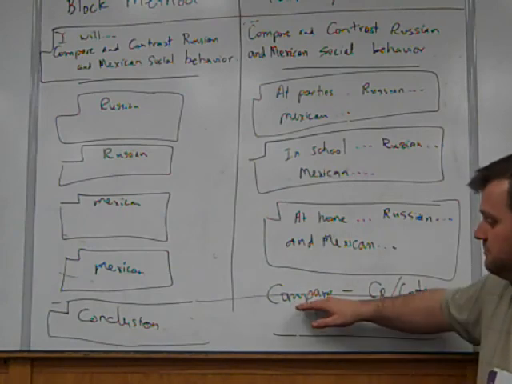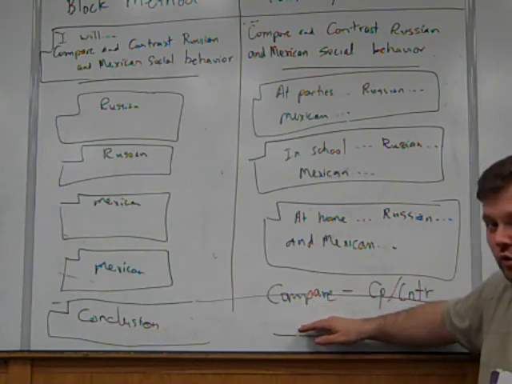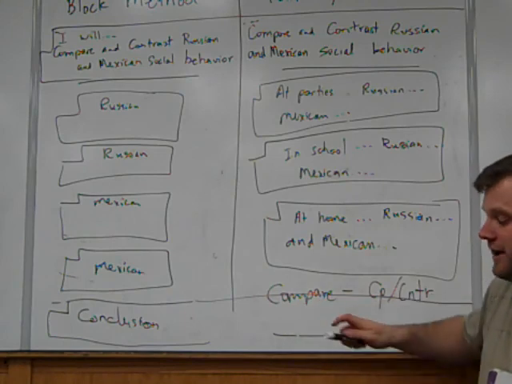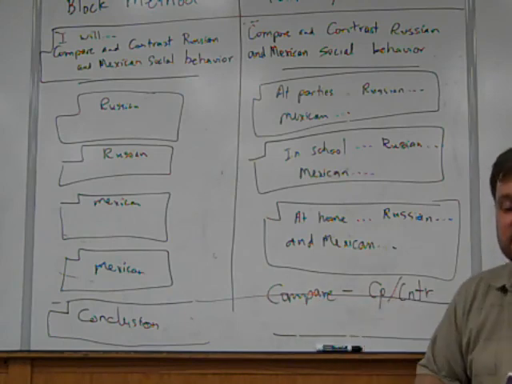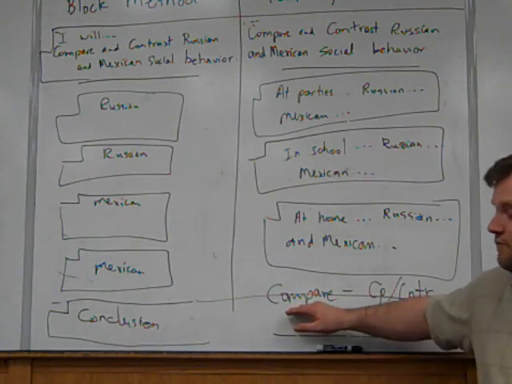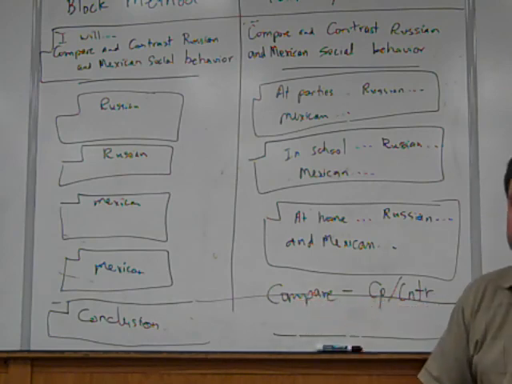Sometimes I use the word compare to mean only similarities and contrasting only differences, and sometimes I use the word compare for both. So as you consider my discussions, as you consider listening to people talking about comparing, understand that the vocabulary word for compare is more broad, but the vocabulary word contrast is more specific.